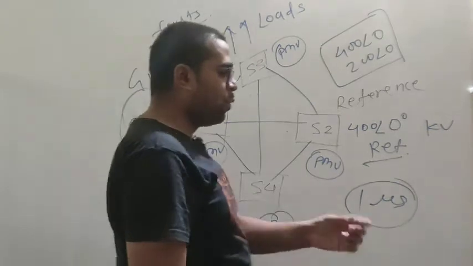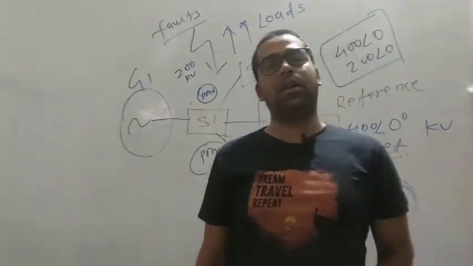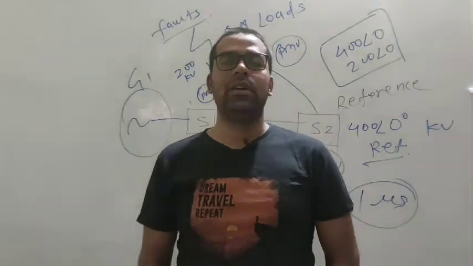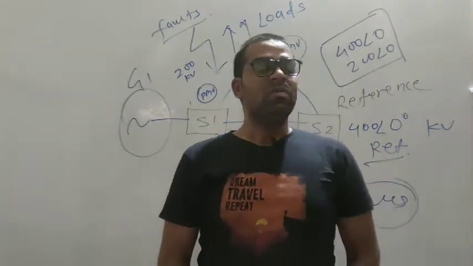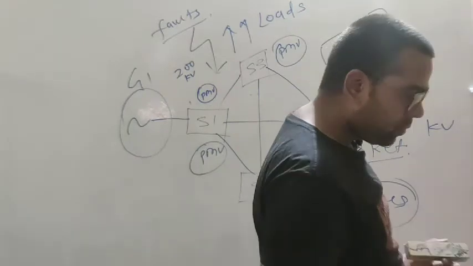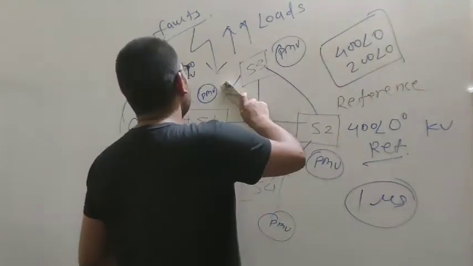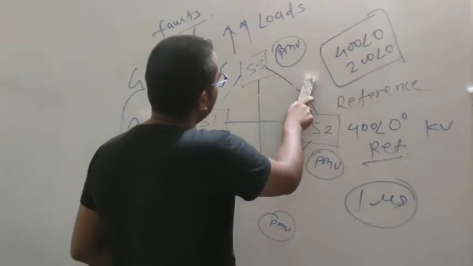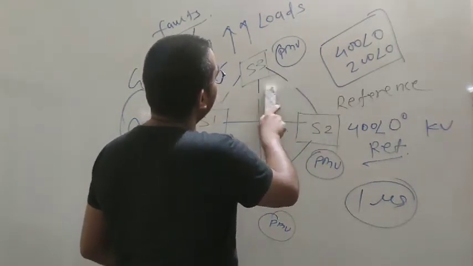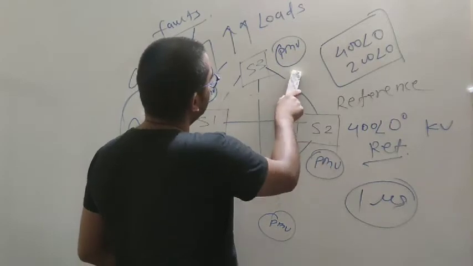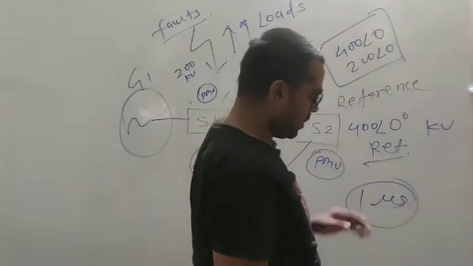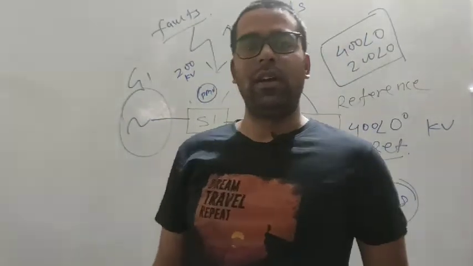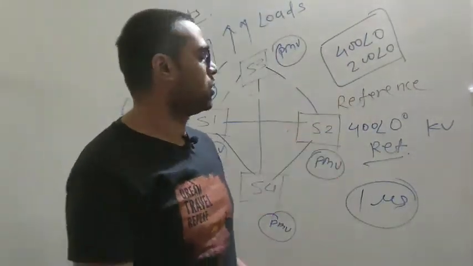So the PMU will give a command to your relays, and relays will give a command to your circuit breakers, and by that procedure will disconnect this S3 from all the interconnected substations. It will remove this substation S3 as soon as possible, within 1 microsecond.